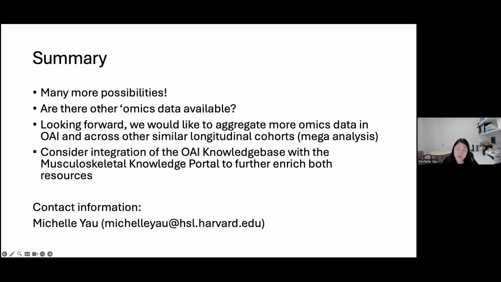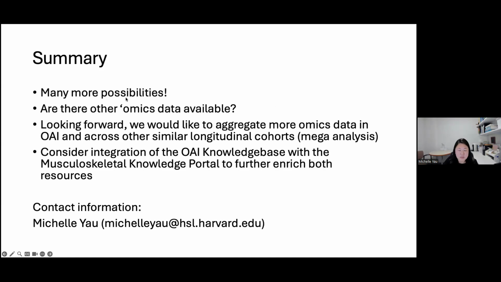A question is, are there other omics data available in the OAI? I think there are, but I have not seen them on a publicly released platform. If you know of any ancillary study data that you would like to make publicly available, please let me know.